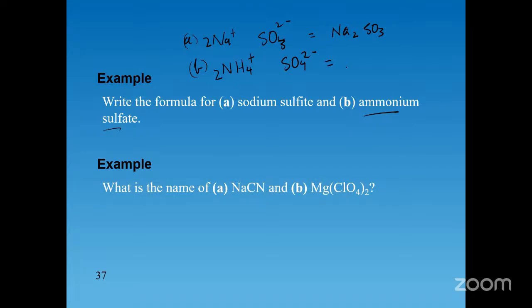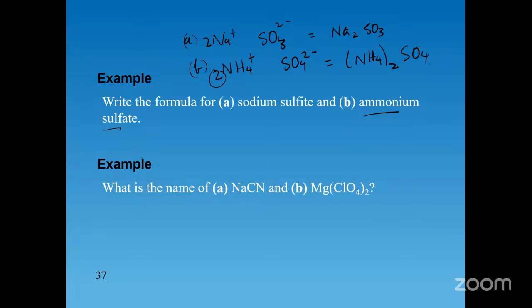However, when you put this together, you have to be careful, because the ammonium ion is polyatomic. When we have more than one polyatomic ion present, we put it in parentheses like this, and then we put a 2 outside because we had a 2 here, and then we put SO4, and that would be the answer, right?